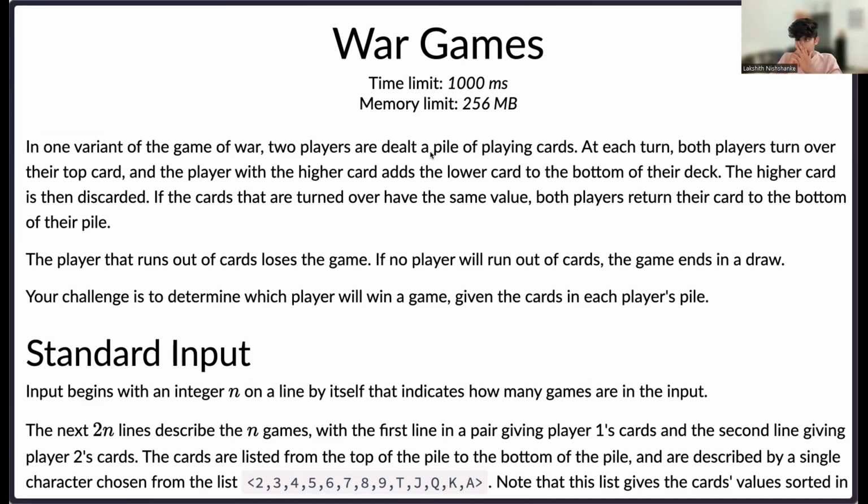But at each non-draw step, the total number of cards will be reduced by 1. At each draw step, if both cards have the same value, the total number of cards is not going to change. So I'm going to put a soft limit there, saying these draws can happen only like 50 times.